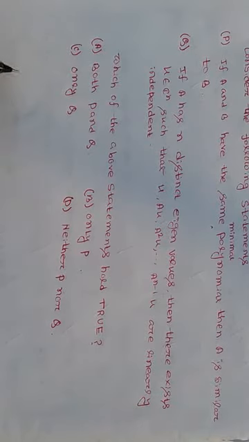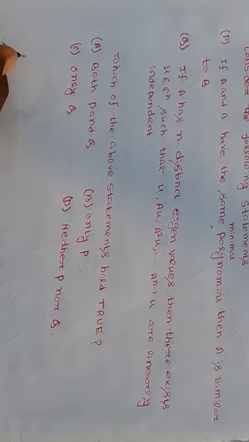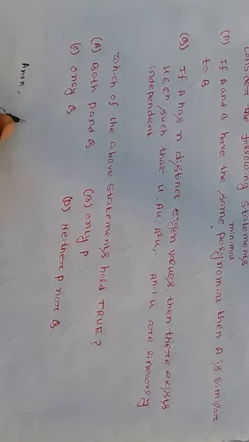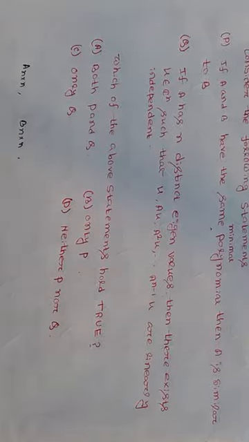the first statement. The first statement is: if A and B have the same minimal polynomial, then A is similar to B. Suppose A is an n cross n matrix and B is also an n cross n matrix.